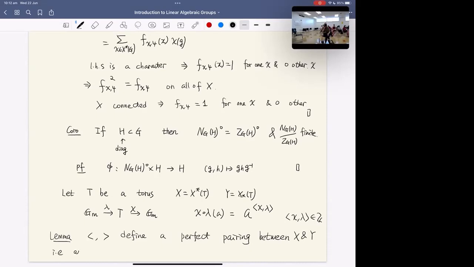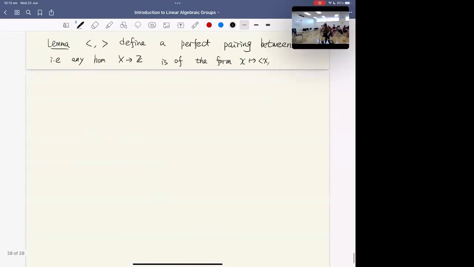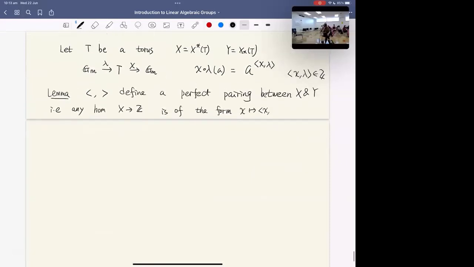It means any homomorphism from X to Z is of the form chi maps to the pairing of chi and lambda, for some lambda in Y. Similarly for Y. Later on, we will use this pairing for the root data.